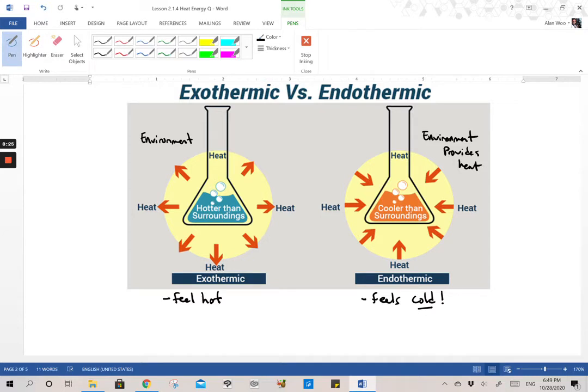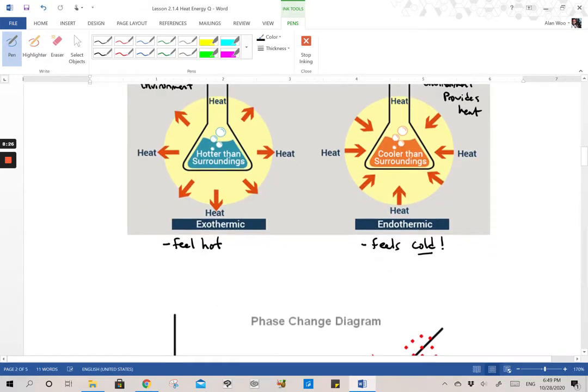So this is actually a good lesson here, because cold simply means the absence of heat. It is generally a feeling. It's nothing that we're measuring. What we're measuring is how much heat is present.